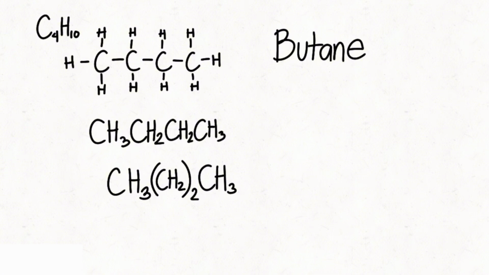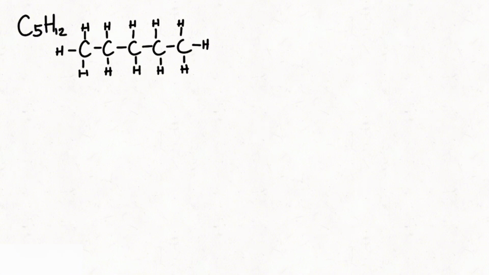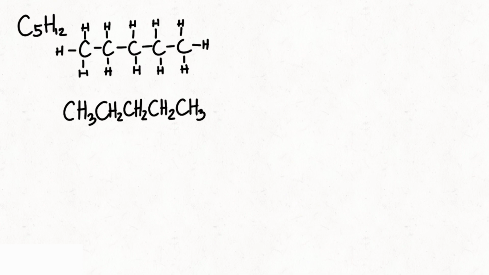If you're going to draw its line structure, it should be like this, wherein it has 4 points pertaining to 4 carbons. Now let's proceed with the next alkane, which has 5 carbons and 12 hydrogens. If you're going to draw its expanded form, it should be like this. There are 5 carbons with 12 hydrogens. And then if you're going to write its condensed structure, it should be like that.